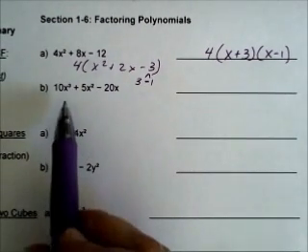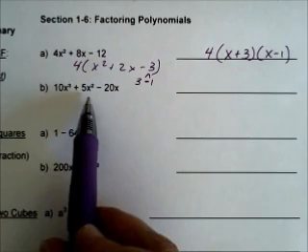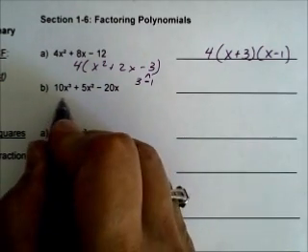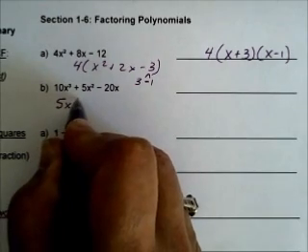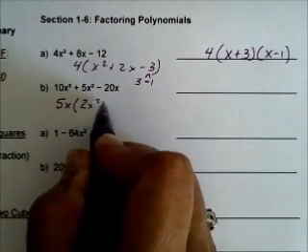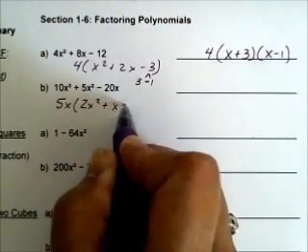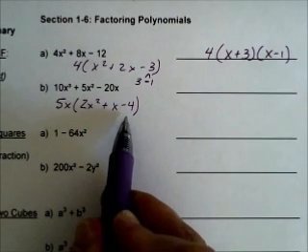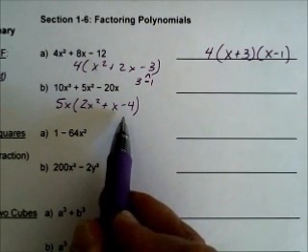Next, 10x to the third plus 5x squared minus 20x. 5x is common to all three terms. Factor out 5x, and we have 2x squared plus x minus 4. See if the trinomial inside parentheses here is factorable.